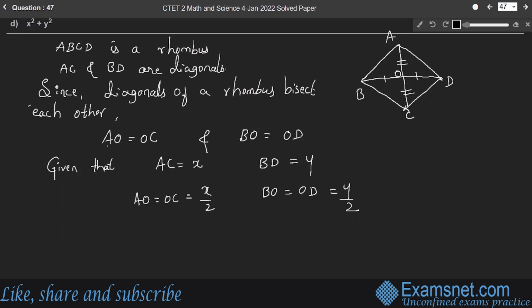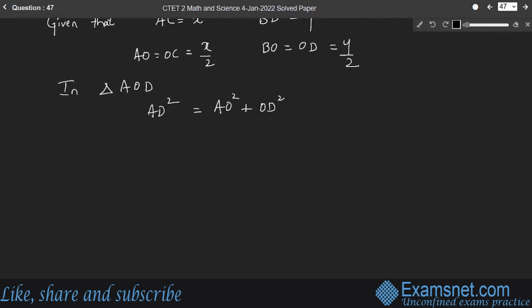So consider the triangle AOD, a right angle triangle, and apply Pythagoras theorem here. Here in triangle AOD, AD square is equal to AO square plus OD square, right?